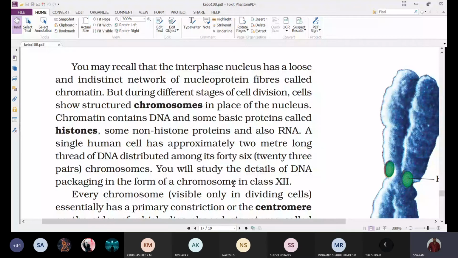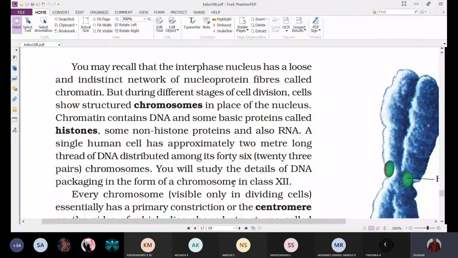That we'll study in +2 while we are studying the molecular basis of inheritance in detail. This condensation of the DNA molecule from 2.2 meters into chromatin material which can fit inside the nucleus, we call the packaging of the DNA helix, or DNA packaging.